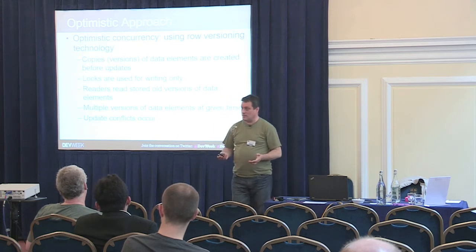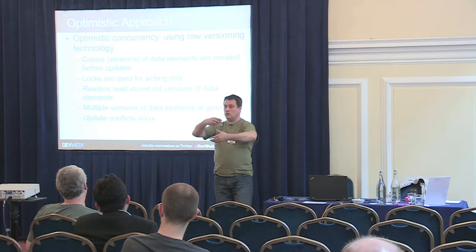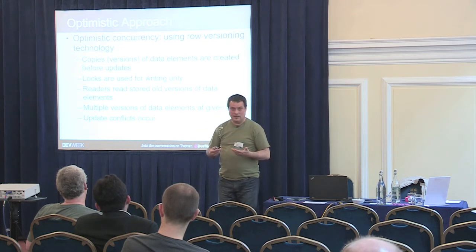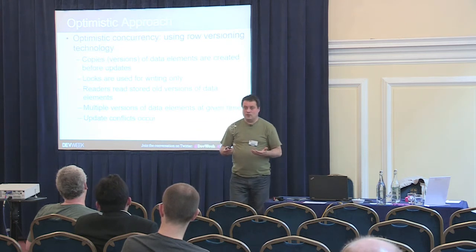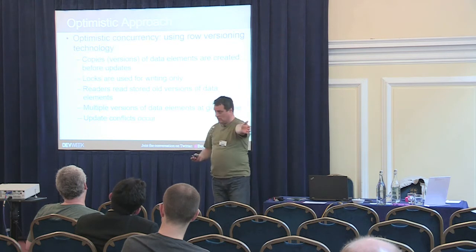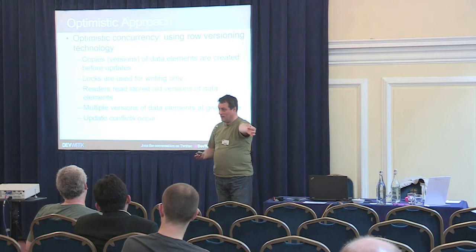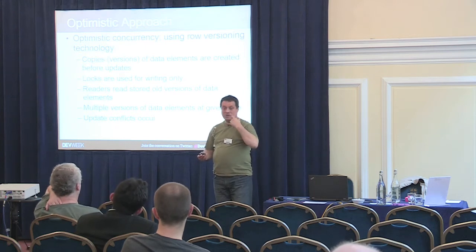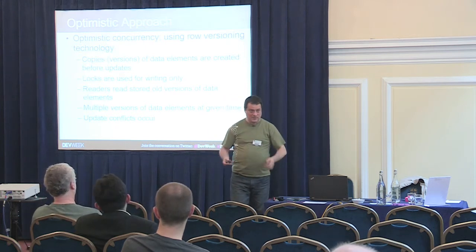All of this is the optimistic approach. And then your user works on this data, and at some point the user decides it's time to commit the changes. And here is where optimism comes into the game. The user optimistically expects that nobody touched the source data in between while the end user was updating it.